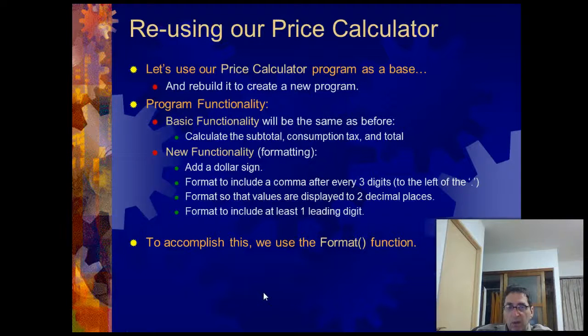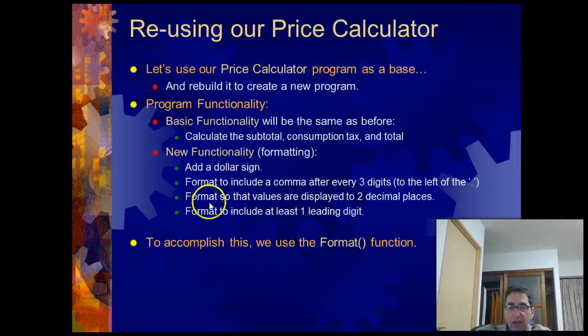Okay, now we're going to reuse our price calculator. Let's use our price calculator program as a base. You did this last week, and rebuild it to create a new program. The program functionality is going to be the same as before: calculate the subtotal, the consumption tax, and the total. But we're going to have some formatting.